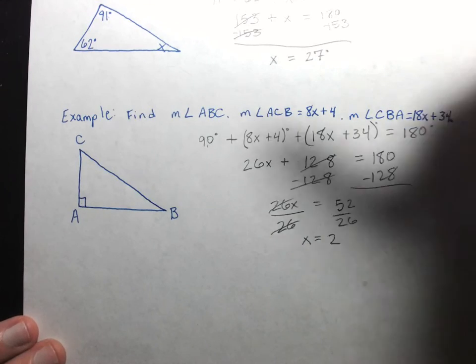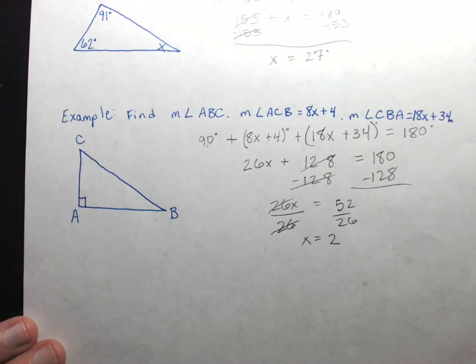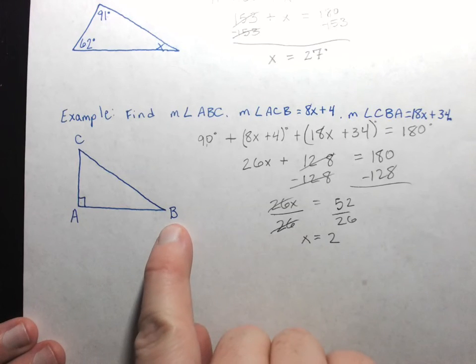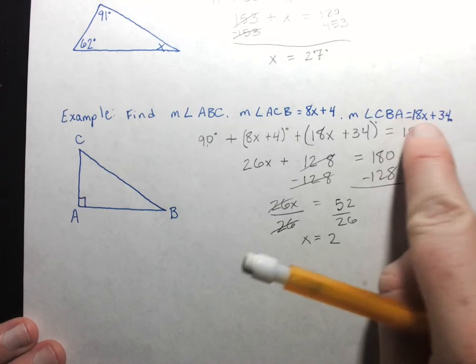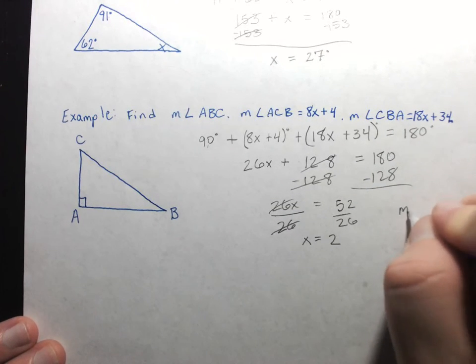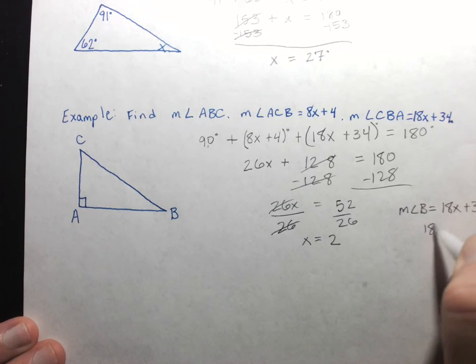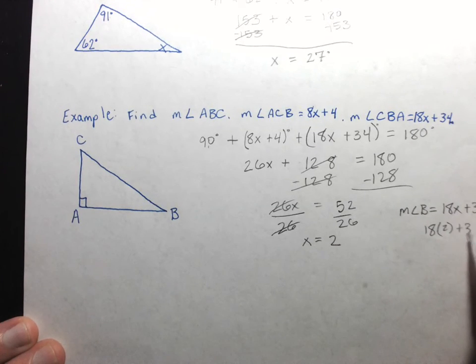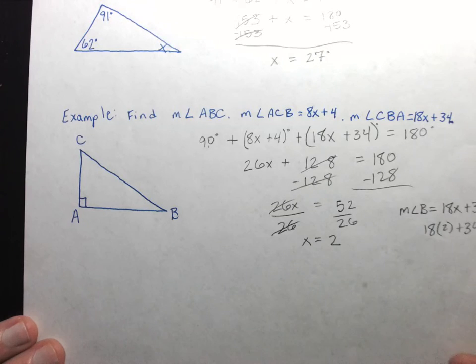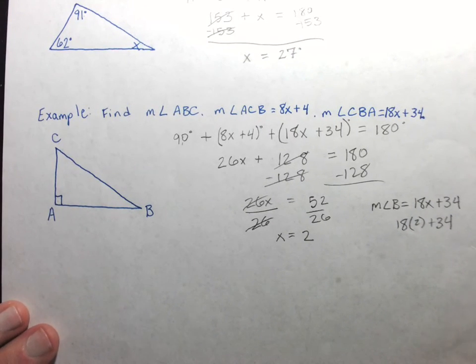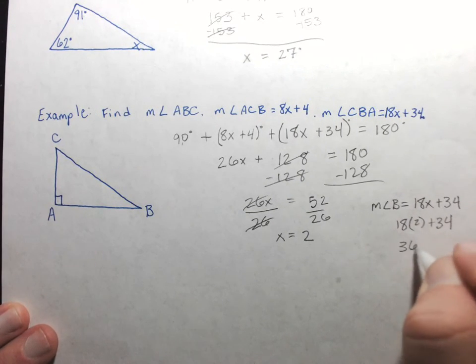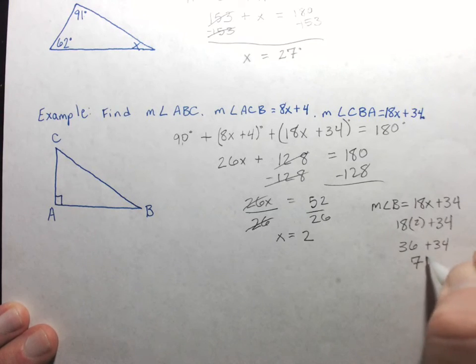We don't stop there because the question asks us to find the measure of angle ABC, which in this case is just angle B, which is right here. So the measure of angle B is 18x plus 34. We're going to plug the 2 in, so we get 18 times 2 plus 34, which will give us 36 plus 34, which will give us 70.